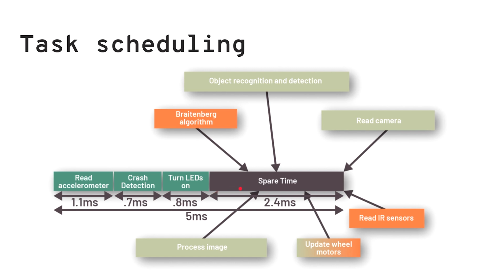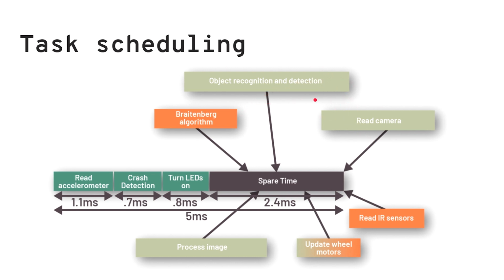And then in your spare time, you can schedule the others in some sequence, making sure that over all the time, the periods of the different tasks are respected, either the 10 millisecond range or the 300 millisecond range in the case of the camera with the object recognition.